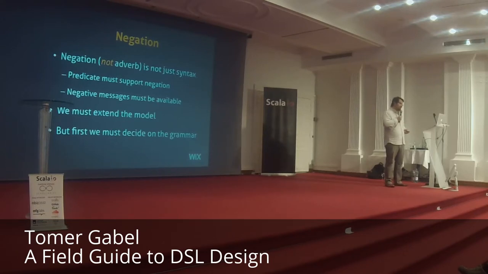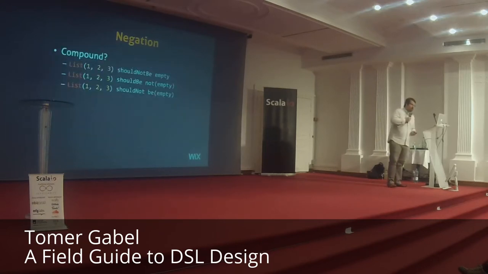But the first thing we need to do is decide what it's going to look like in terms of grammar. So for compound predicates, such as empty, we have several options. Probably more than 3, but these are sensible 3 options. One thing we can do is add a should not be verb. Okay, simple enough.